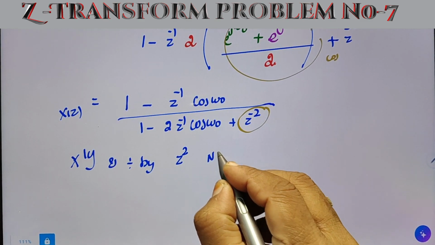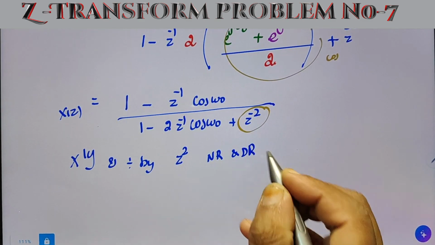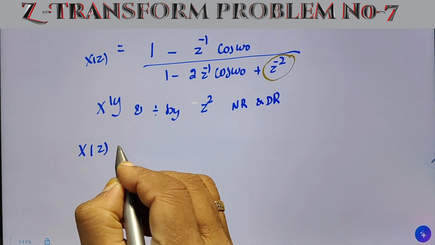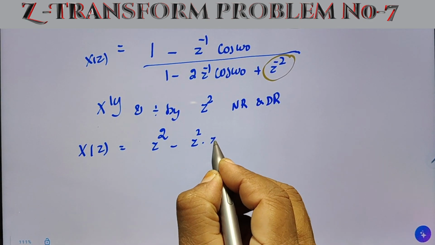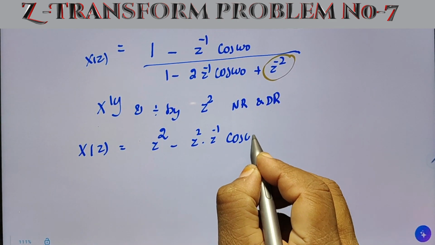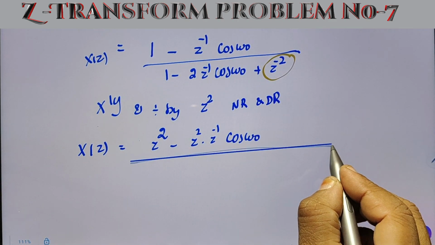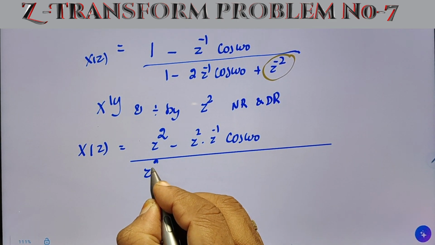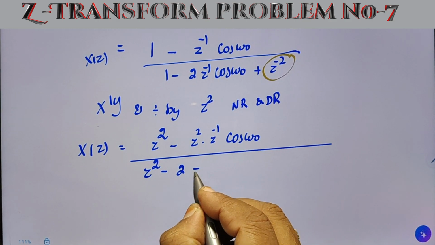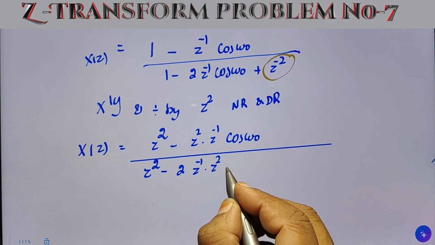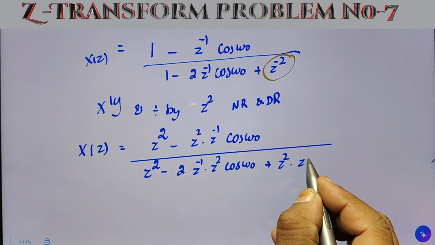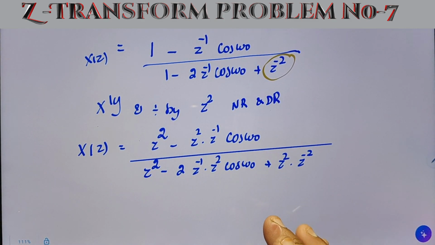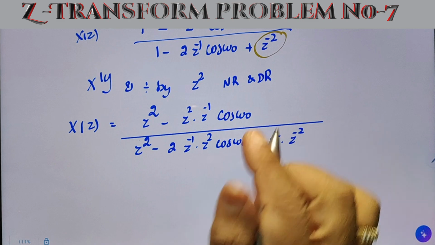X of z equals numerator z square minus z square into z power minus 1 cos omega naught, the whole divided by z square minus 2 into z inverse and z square cos omega naught plus z square into z power minus 2.